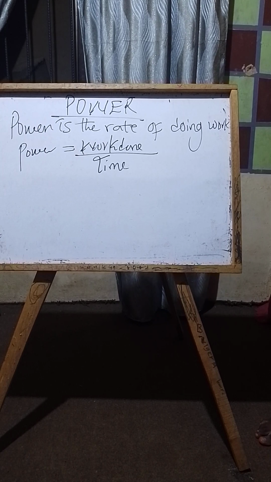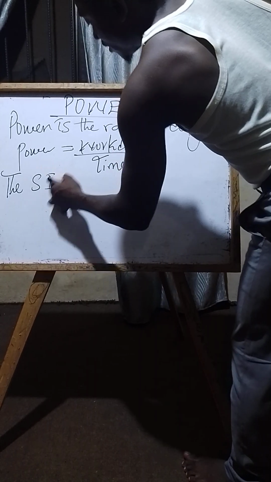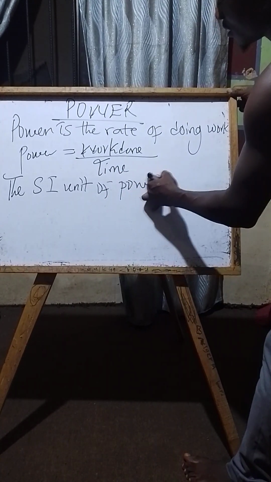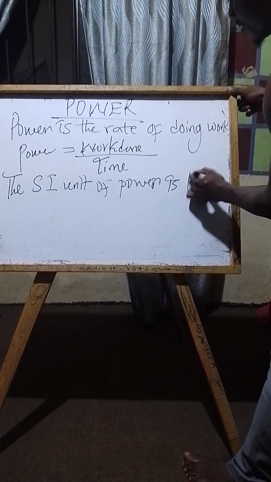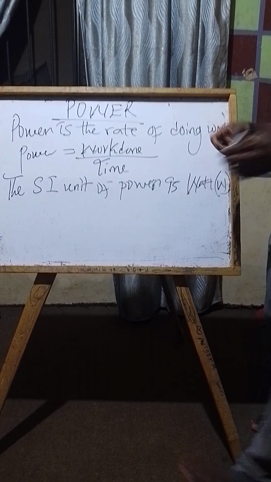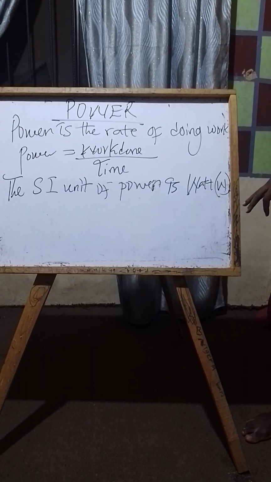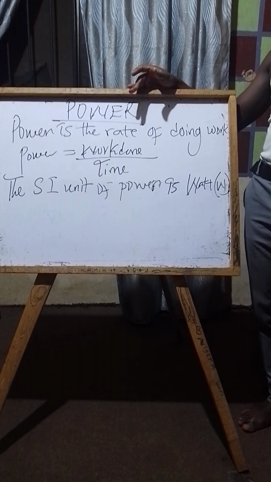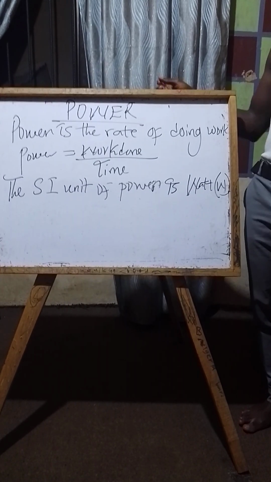What's the SI unit of power? Write it down. The SI unit of power is watts, capital letter W. If you check it, you will discover that your light bulb, those olden days light bulbs, even the ones they sell to us nowadays, you see 10 watts, 100 watts, 200 watts, and the rest.